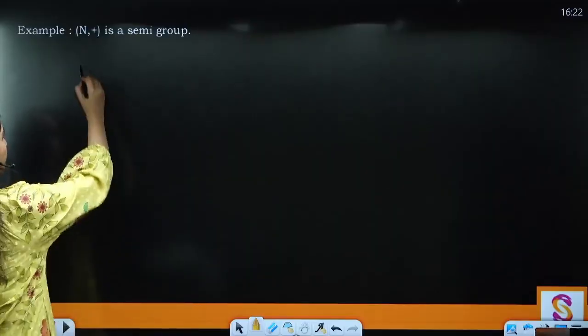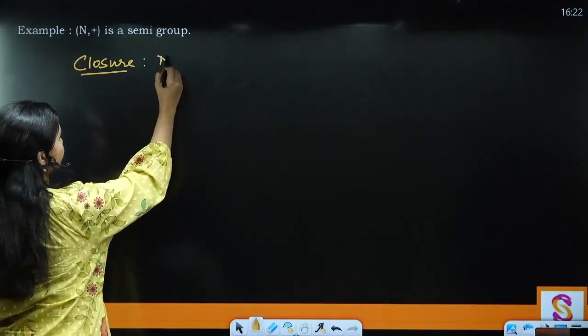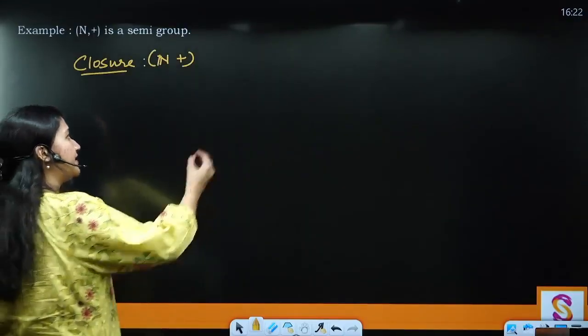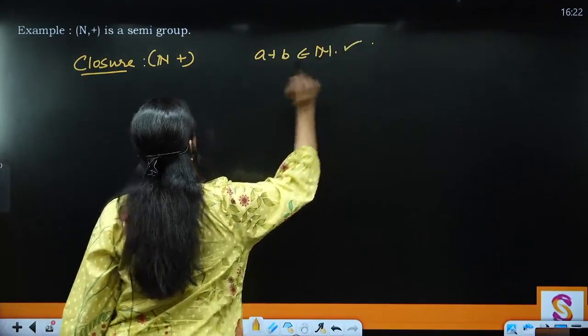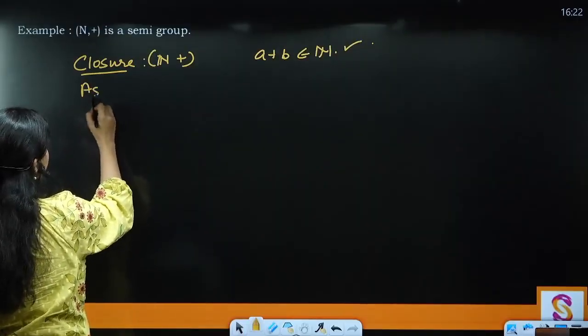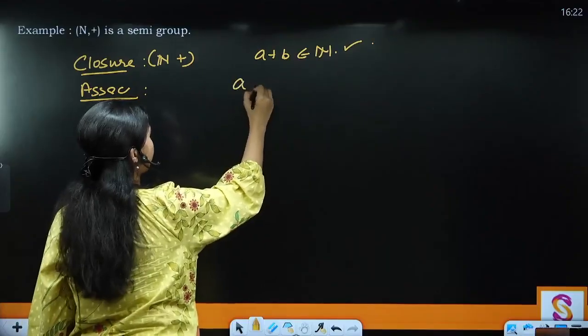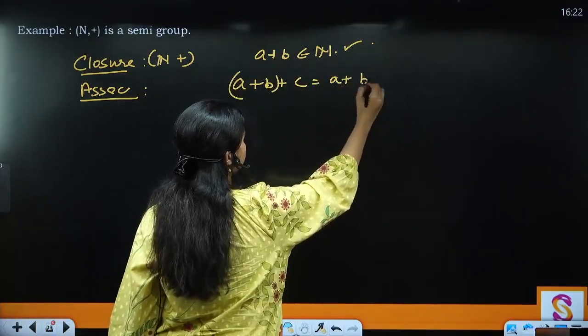Why? Because when we talk about closure in N plus, N is the set of natural numbers, right? So you add any two natural numbers, you are always going to get a natural number only. So closure is satisfied. Then you have associativity. Associativity is also satisfied. Why? Because addition order does not matter, right?